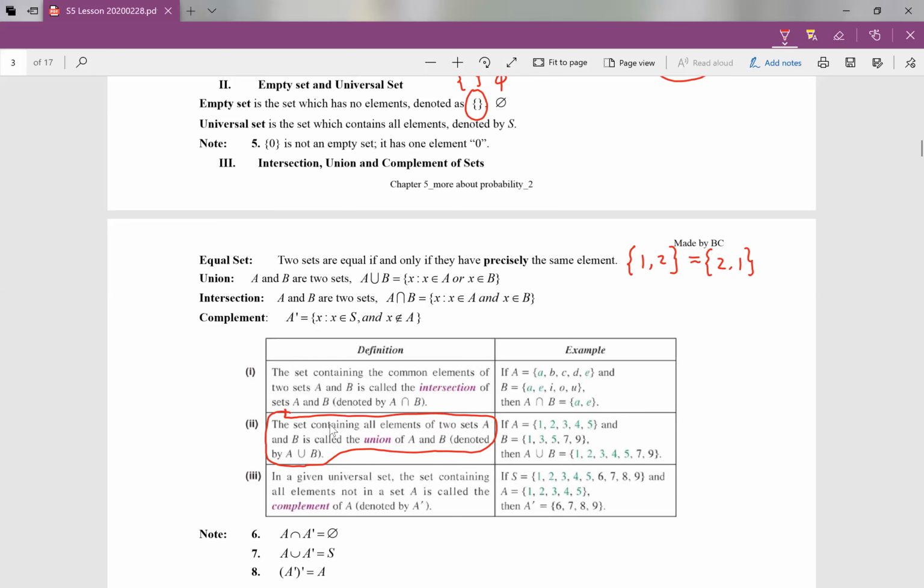The set containing all elements of set A and B is called the union. The union is denoted as A ∪ B.